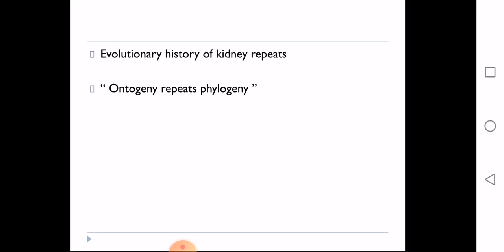In lower animals you had the pronephros, then in a little higher you had the meso, and then in the highest you had the meta. So in the development of our kidney, it is also following the same steps. We first develop the pronephros, then we say goodbye to it. We develop the mesonephros, we say goodbye to it, and then we end up with the meta.